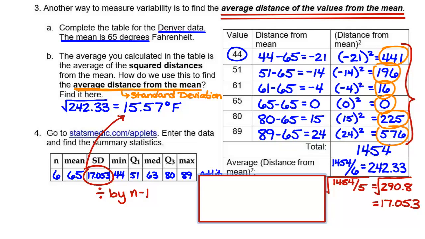You should have gotten 290.8 when you divided by 5. And when you square root that, you get 17.053. 17.053 is exactly what that applet had calculated our standard deviation as.